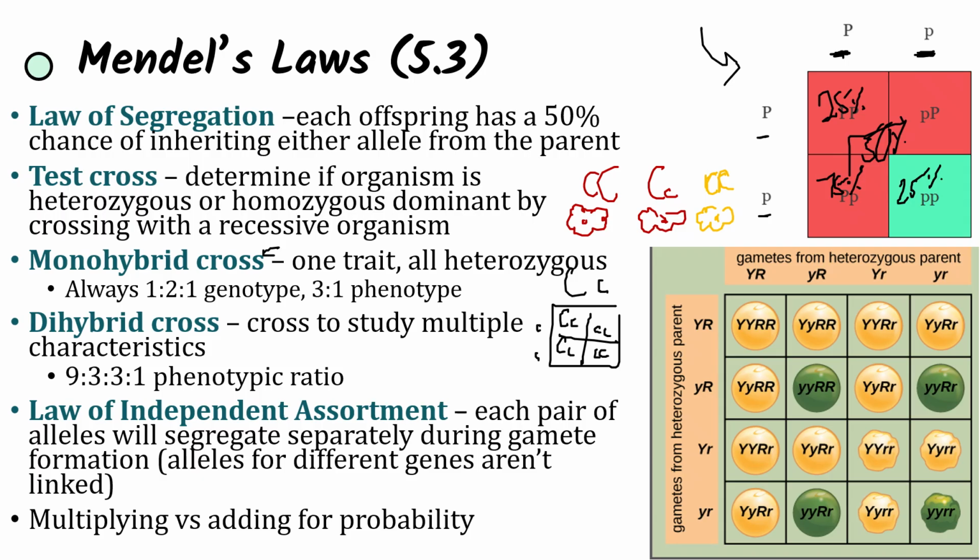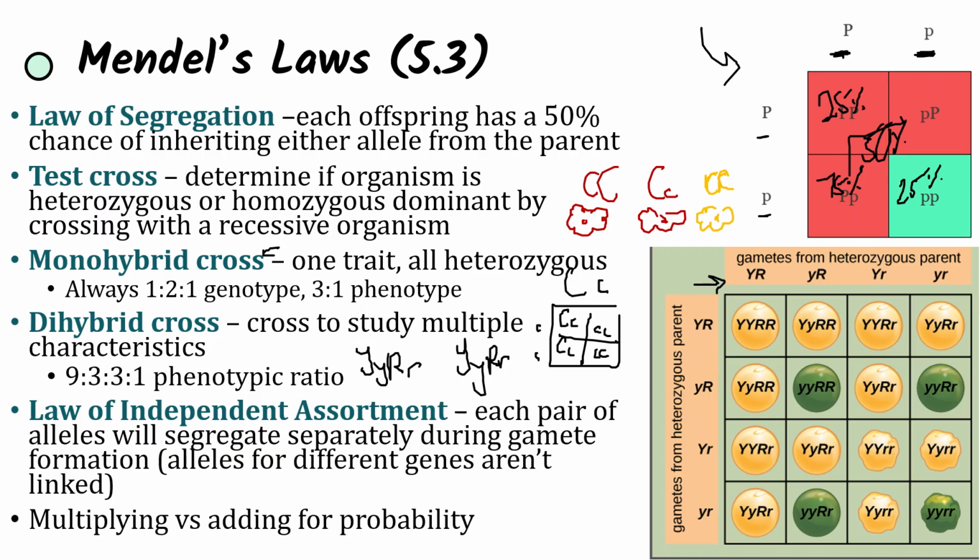Now down here we can also look at a dihybrid cross where we're looking at multiple characteristics. We're looking at both the yellowness or greenness of the pea, but also the roundness or how shriveled the pea is. So we are crossing two individuals that are heterozygous for both of these traits. And what allows a dihybrid cross to work is the law of independent assortment. Each pair of alleles will segregate separately, which just means that alleles for different genes aren't linked. And that allows all of these gamete combinations to occur.